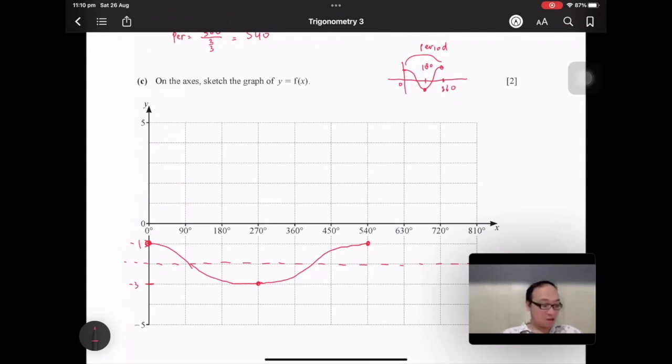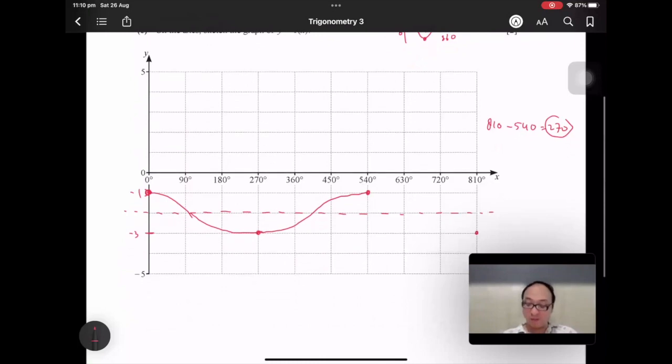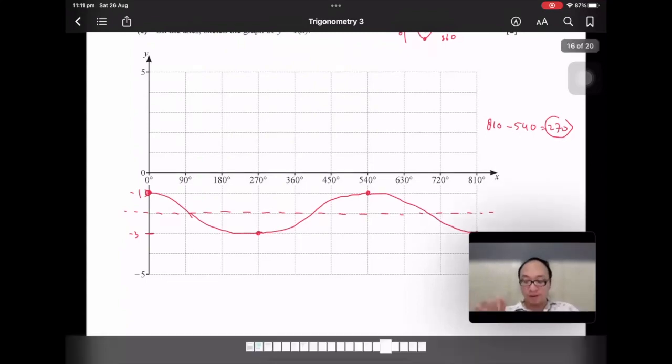The distance from 540 to 810 is 270, so 810 minus 540 equals 270. So it will be half of the width. So it will have a minimum here. So I can just continue this.